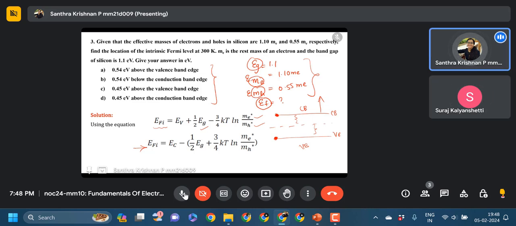Eg here you are using in electron volts itself, right? So k will be 8.617 into 10 to the power minus 5.